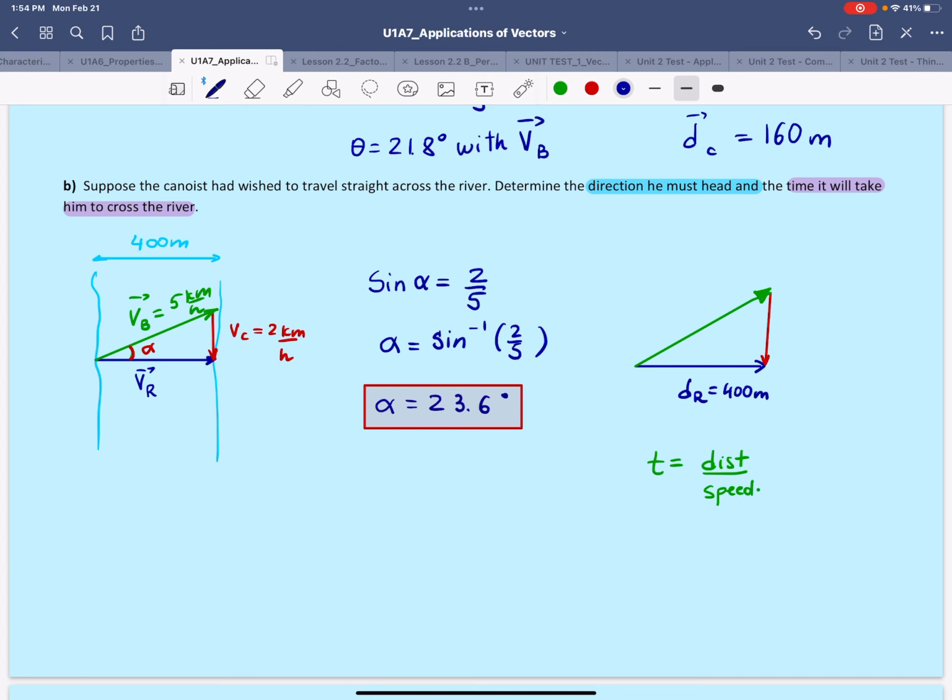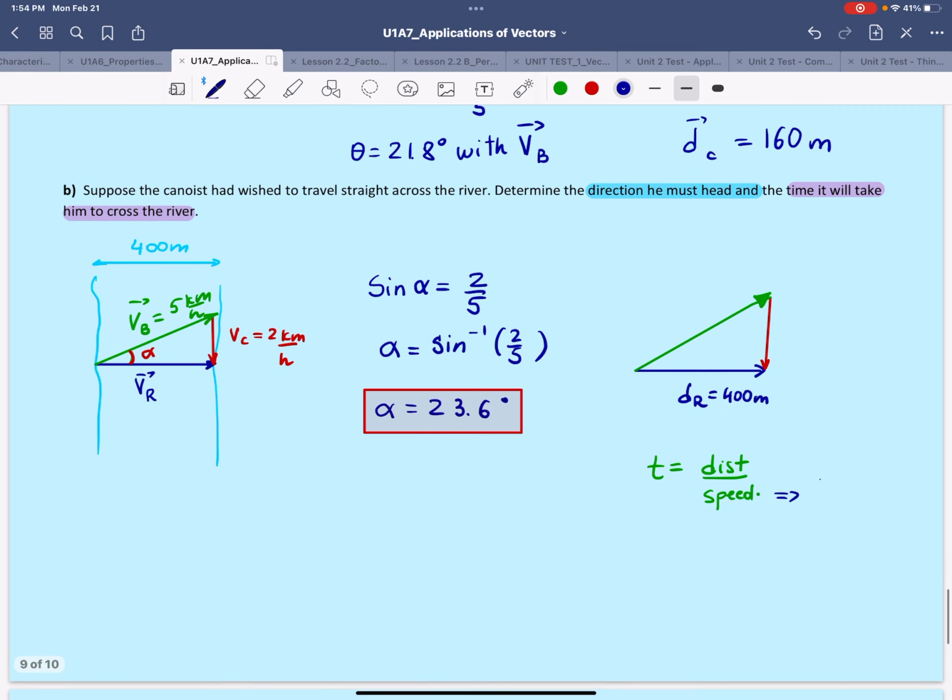We need to know the speed, or in other words, we need to know the resultant velocity. So the speed is the magnitude of the resultant velocity. Now, according to our velocity diagram here, we have this right-angle triangle where we know all the velocities, so we can very easily use the Pythagorean theorem. We also know the angle, so we could use SOHCAHTOA.